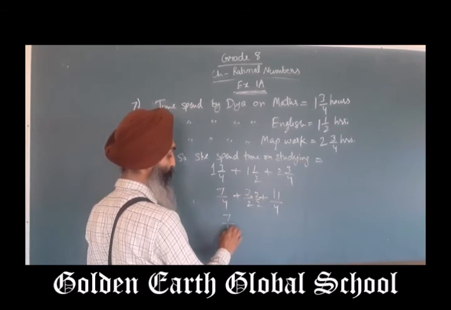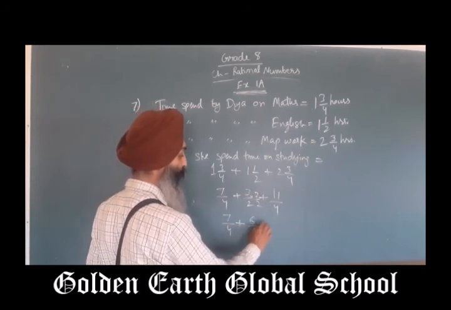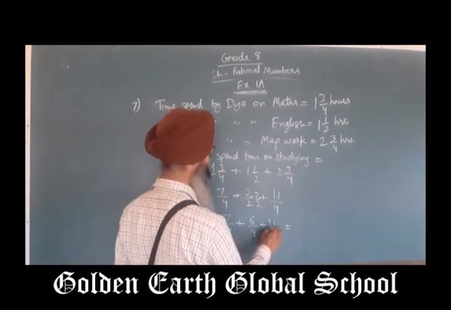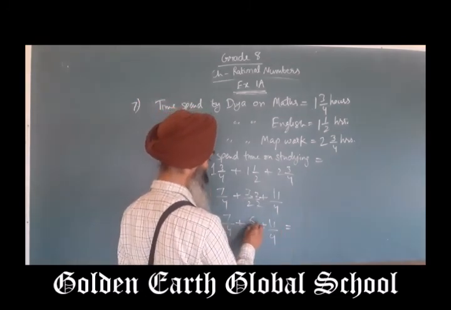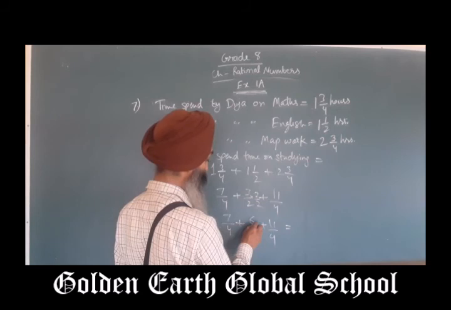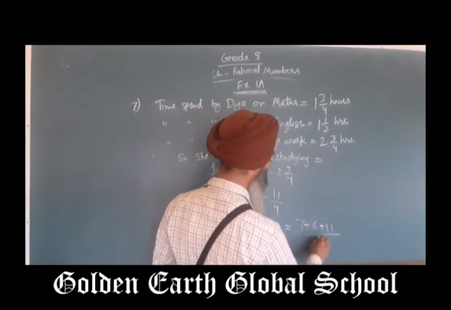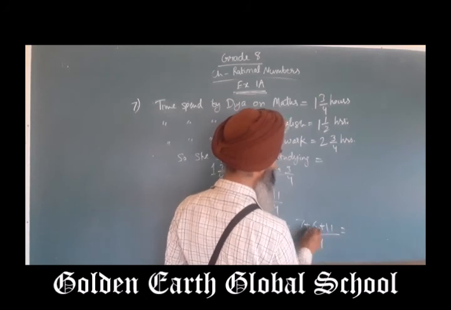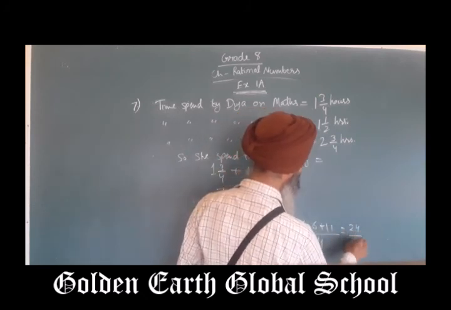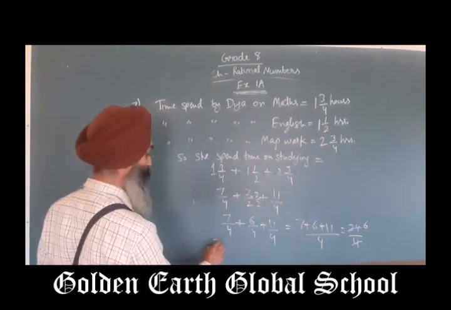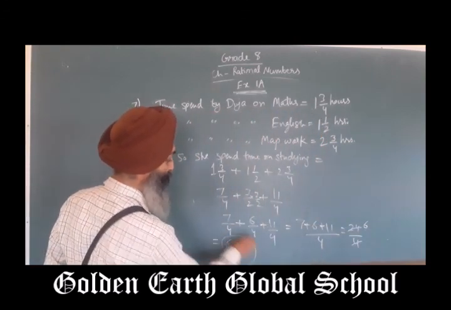It becomes 15 upon 4 plus 6 upon 4 plus 11 upon 4. First of all, write it like this: 15 plus 6 plus 11 is 32, upon 4, which equals 8. The whole number comes out. The answer is 8 hours.